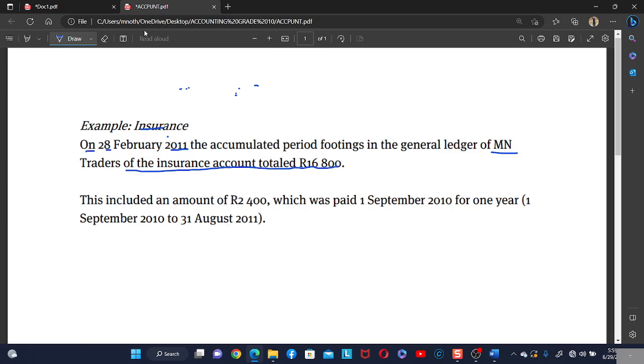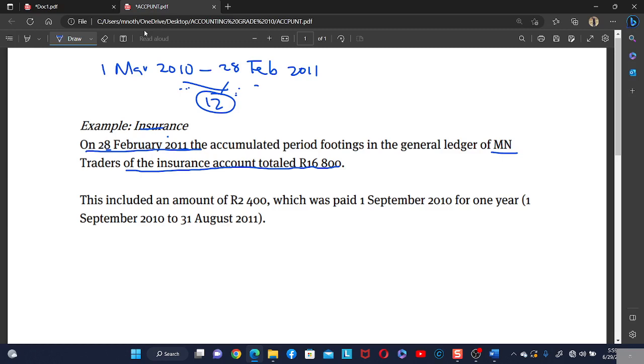First things first, our year ends on 28 February 2011. So this means that this year started on 1 March 2010, and it is going to end on 28 February 2011. Remember, a year must be a full 12 months, right?